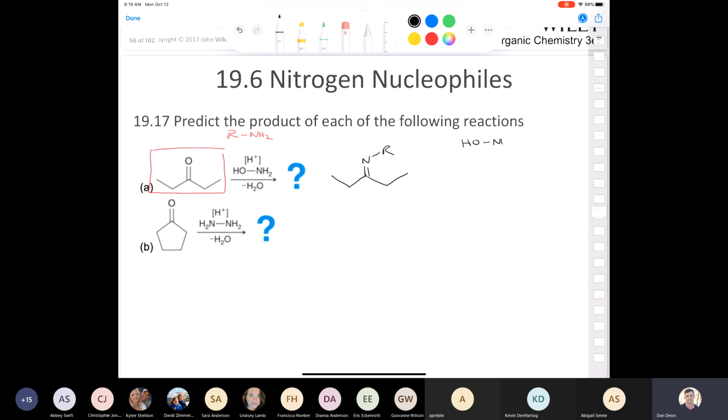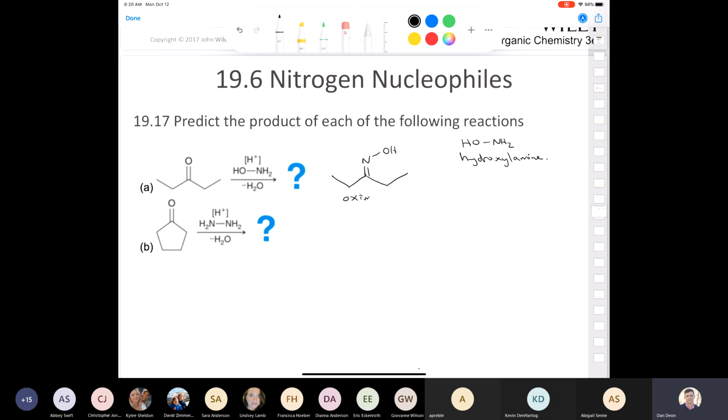When you have a hydroxyl attached to an amine, this is called hydroxylamine. Okay, so hydroxylamine, and when you react your ketone with a catalytic amount of acid and hydroxylamine, instead of an R group there, you end up with this, okay? And this is called an oxime.